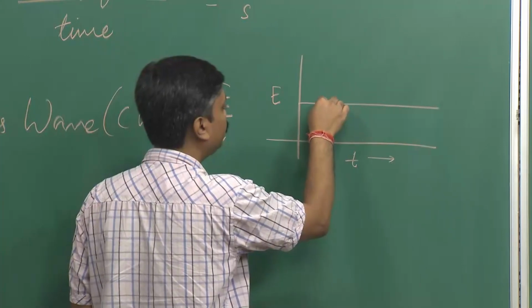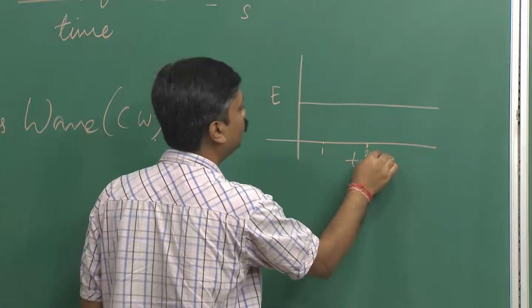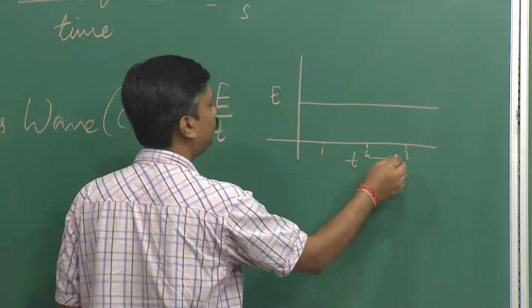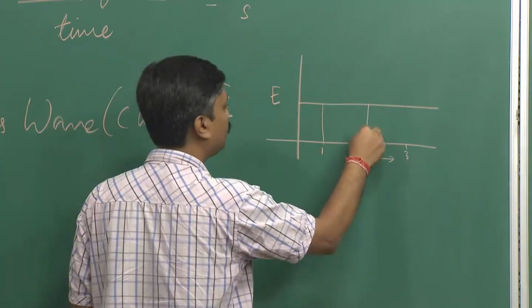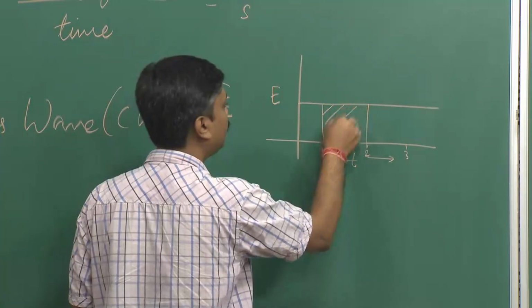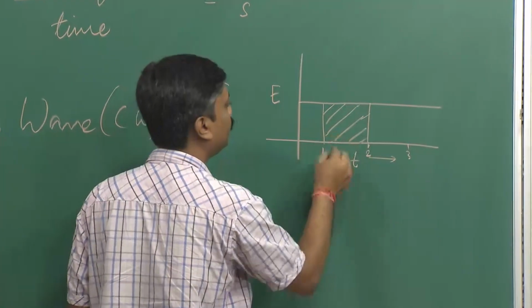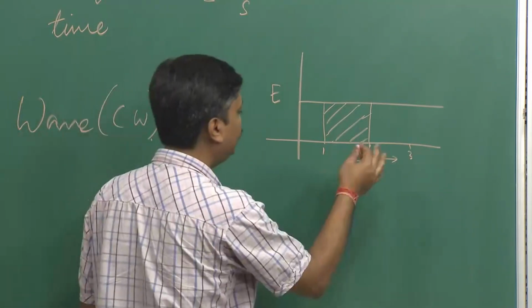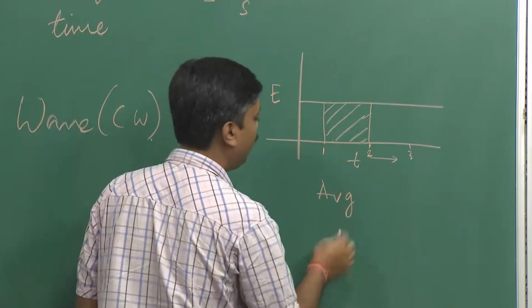So if you say this is time 1, this is time 2, 3 and so on in seconds, this will give you the power, and this is mostly known as average power.